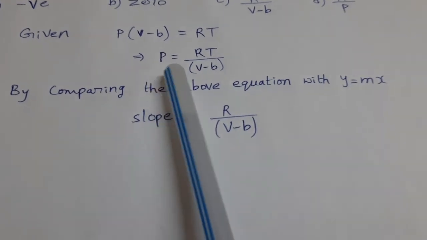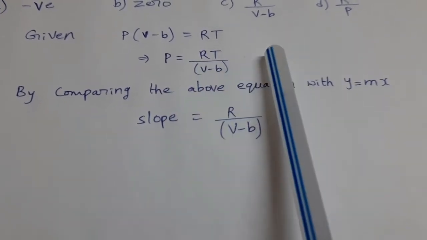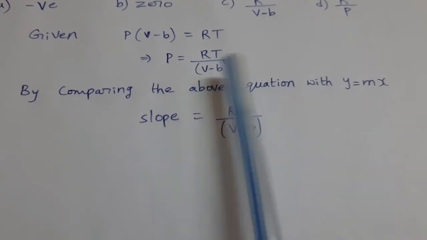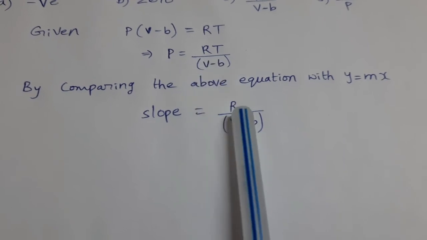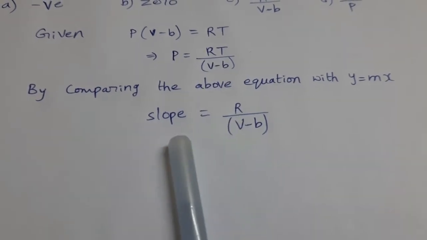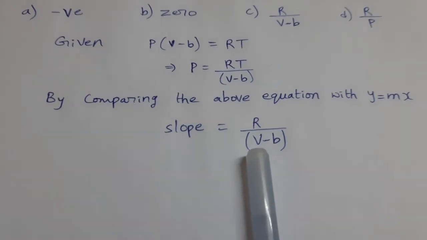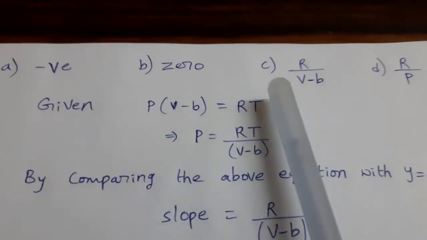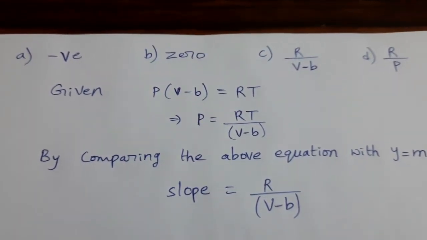So P equal to R by V minus b into T. Here y means P is equal to y, T is equal to x. Then what is the m? R by V minus b. Therefore, slope equal to R divided by V minus b. Option C is the answer. Okay, students, practice well. We'll meet you in the next class.